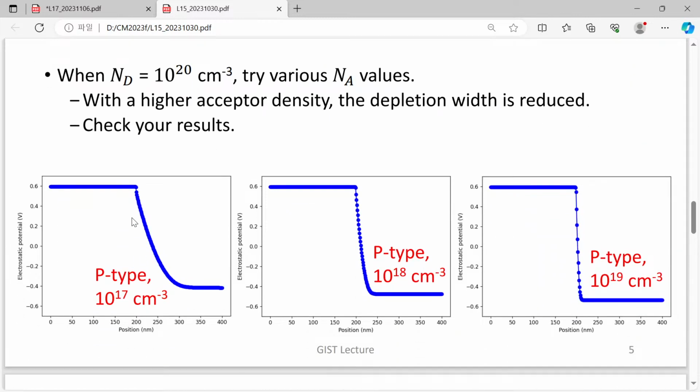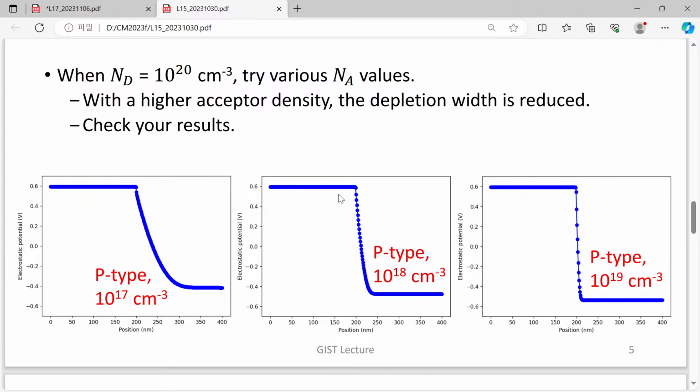This one was done in your homework number 13, and here you have 3 different values of your p-type dopants, acceptor dopants, and you get the electrostatic potential shown here. My question is, in this new homework 14, just to get the same solution starting from this solution.